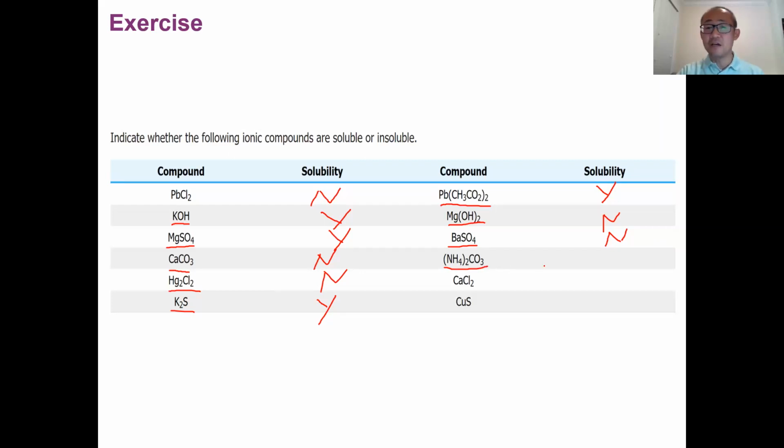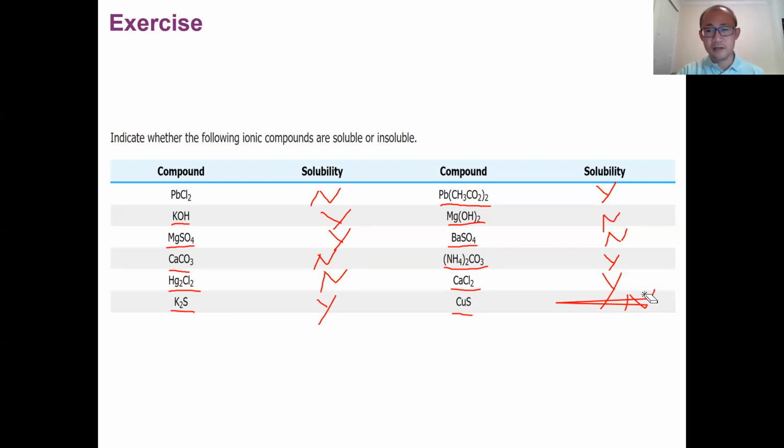Ammonium carbonate. Ammonium salts are always soluble. Calcium chloride. Chlorides are mostly soluble. Calcium is not an exception, so yes. And finally, copper sulfate. Sulfate is soluble, copper is not an exception. So yes.